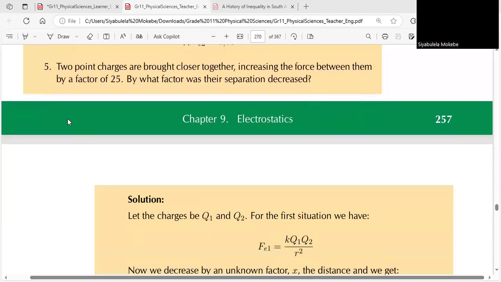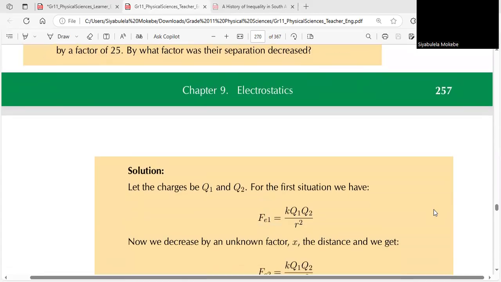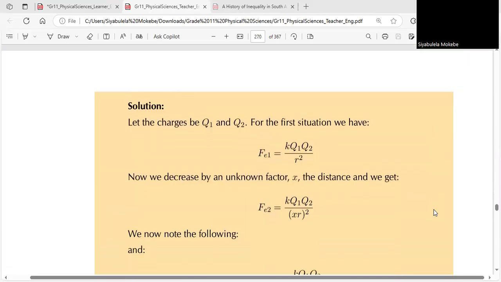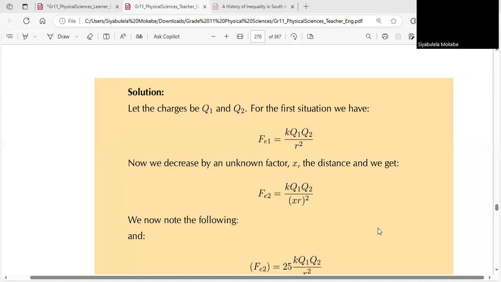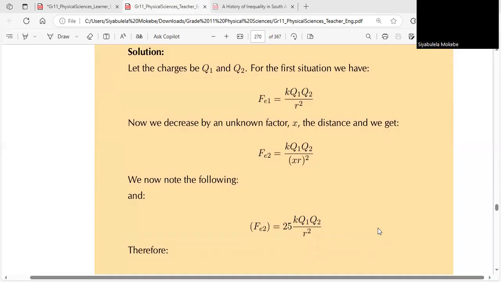For number 5, two-point charges are brought closer together, increasing the force between them by a factor of 25. By what factor was their separation decreased? Again, this is situation number 1. Now it decreased by an unknown factor. We'll call it x, and the distance we get is xr squared.